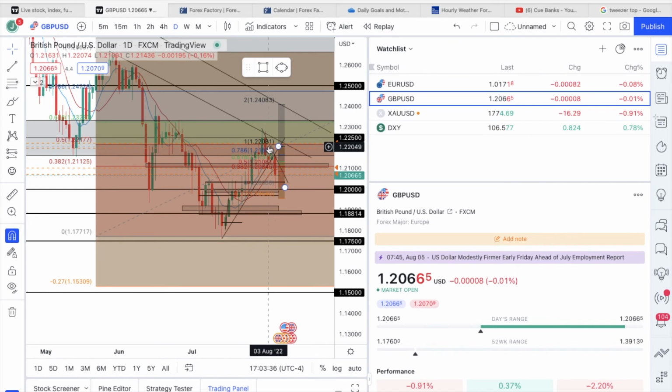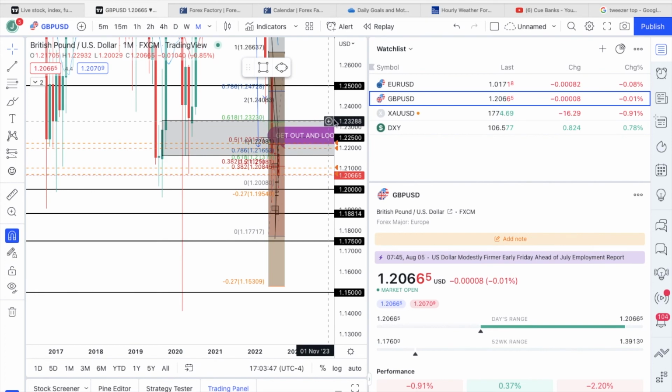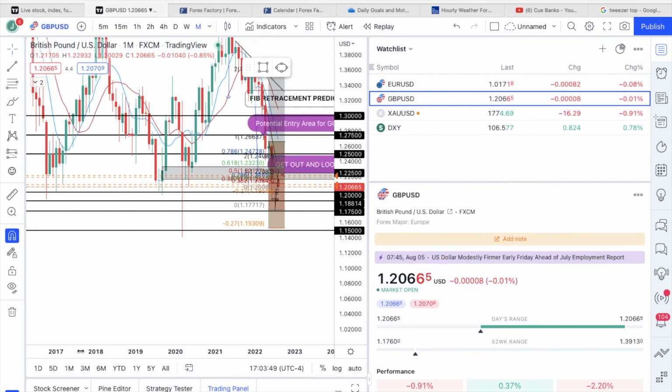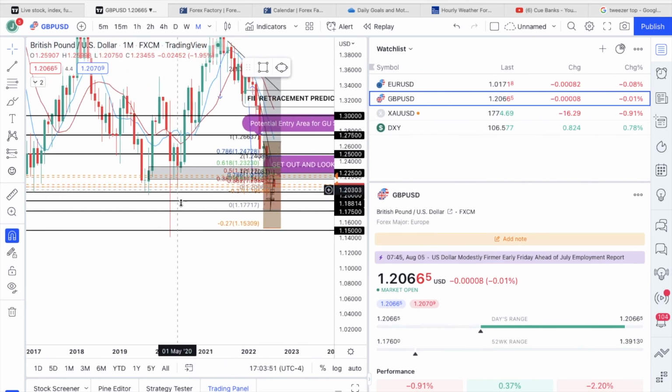On the 0.5, we had the reversal last week, and this also lines up with the monthly. If we look at the monthly, what does that line up with? Pre-COVID levels. March 2020, before all hell broke loose. So yeah, GU to pre-COVID levels.